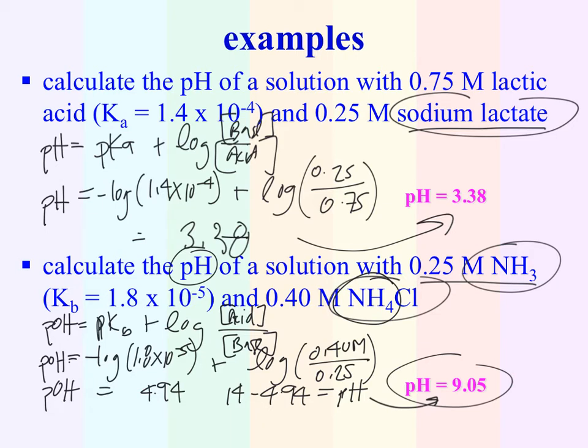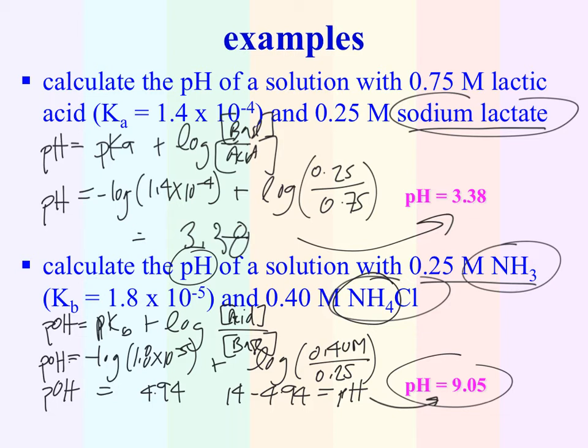Okay, so what we need to understand about these buffered solutions is that the Henderson-Hasselbalch equation is based on the assumption that our X values in the equilibrium concentrations are so small that they basically can be ignored. So we're assuming that the concentration of the ionized products, that changeover that occurs, is going to be very small.